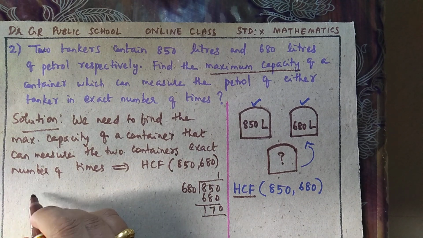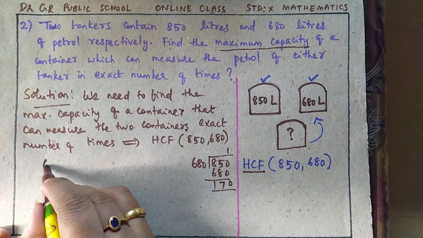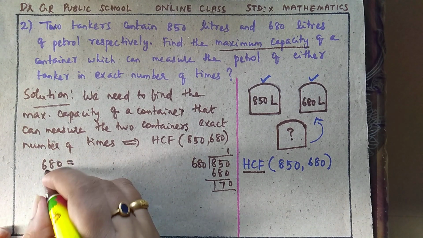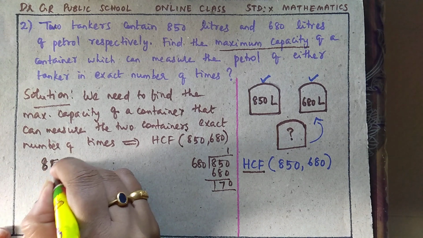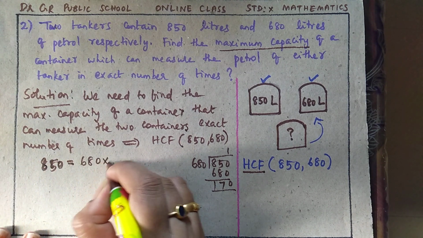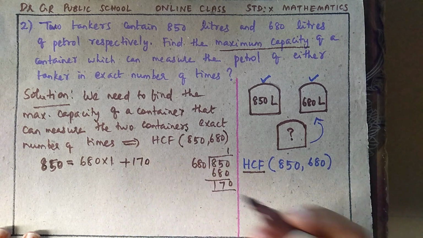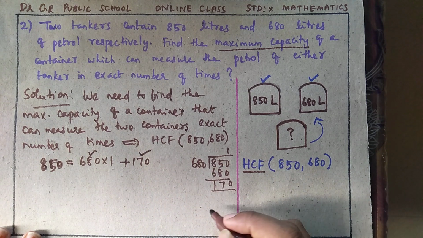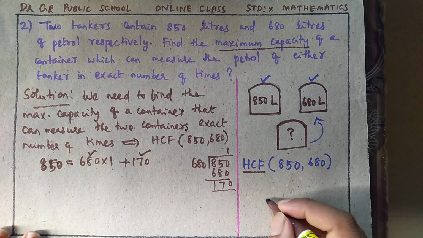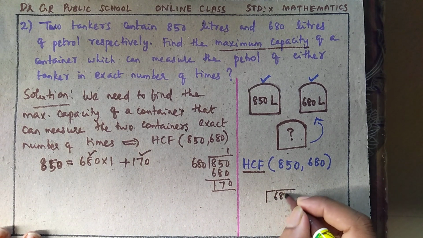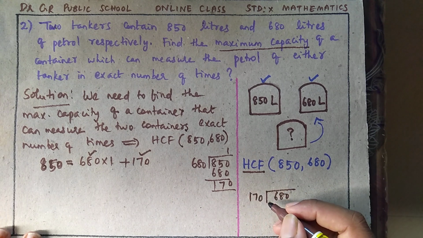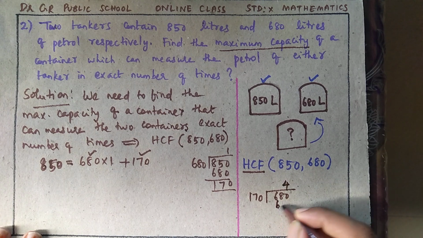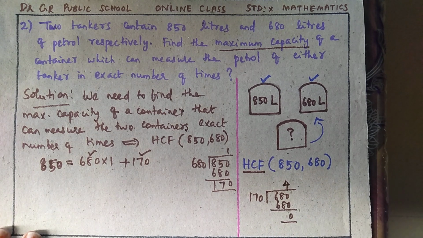So we can write 850 is equal to 680 into 1 plus 170. Now the new dividend is 680 and divisor 170. Again we continue the division, 680 divided by 170. It will come 4 times. 4 times we will get 680, balance is 0.